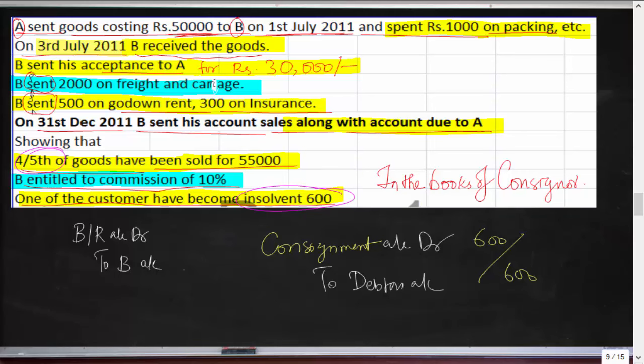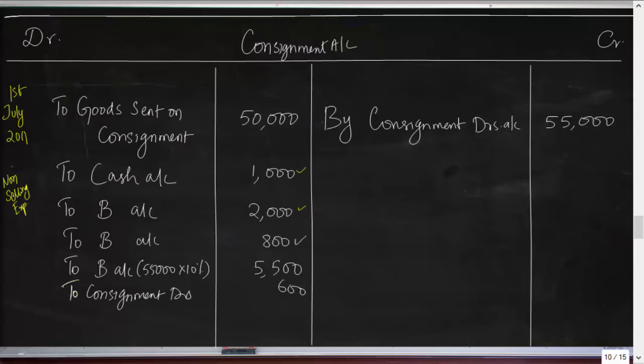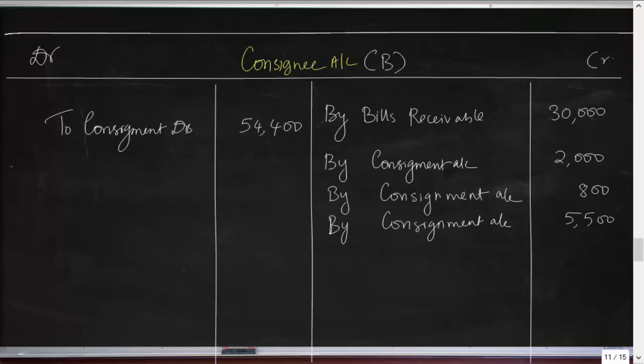So you should know what is the value of those goods, and that should be credited in consignment account, right? For that, let us have one detailed working. So I'm going to call it working note 1. Working note 1, computation of value of consignment stock.